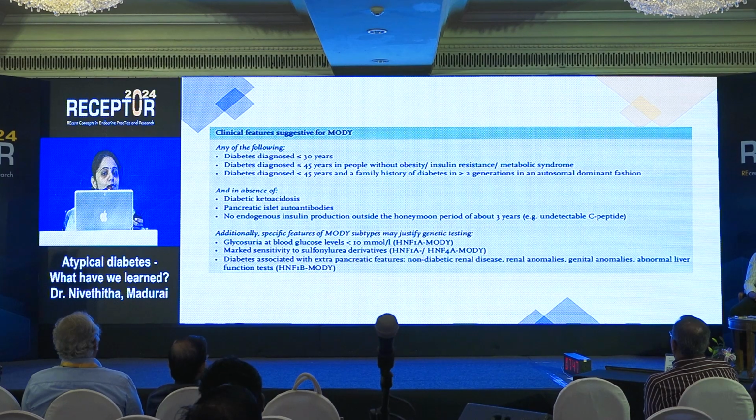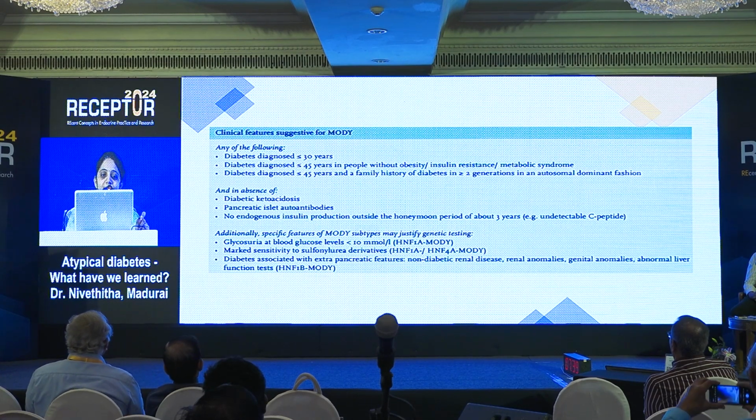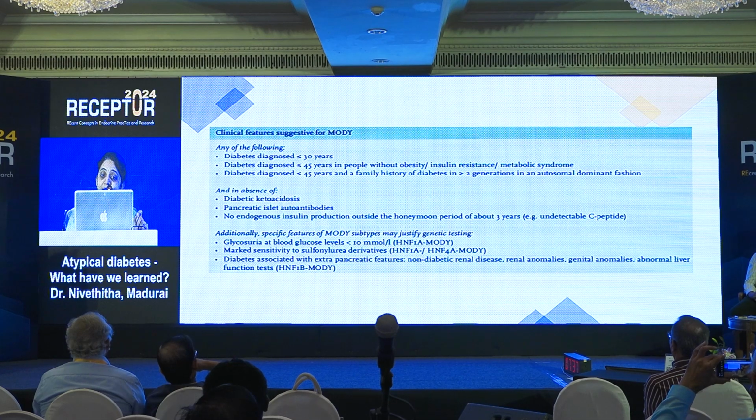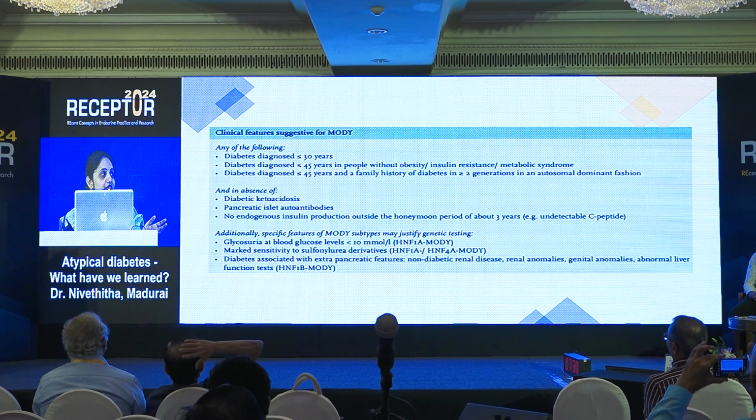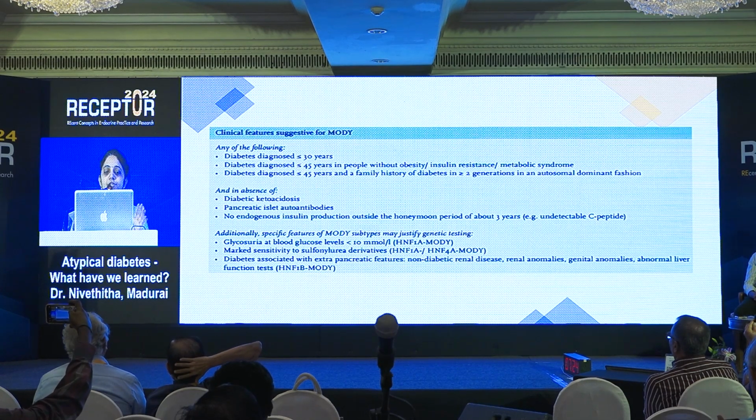Now, how do we clinically suggest that the patient might have MODY? Diabetes at the age of less than 30 years, or diabetes diagnosed in less than 45 years without any obesity, insulin resistance or metabolic syndrome, because we have seen a lot of such cases these days, and a family history spanning more than 2 generations.